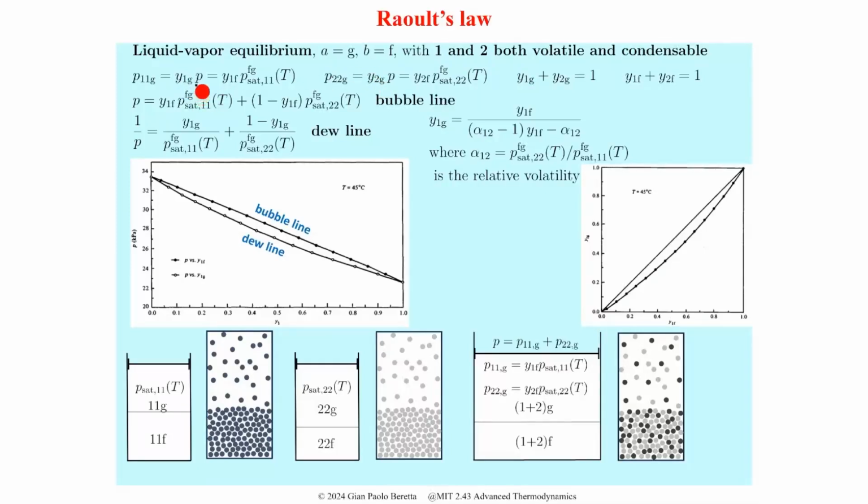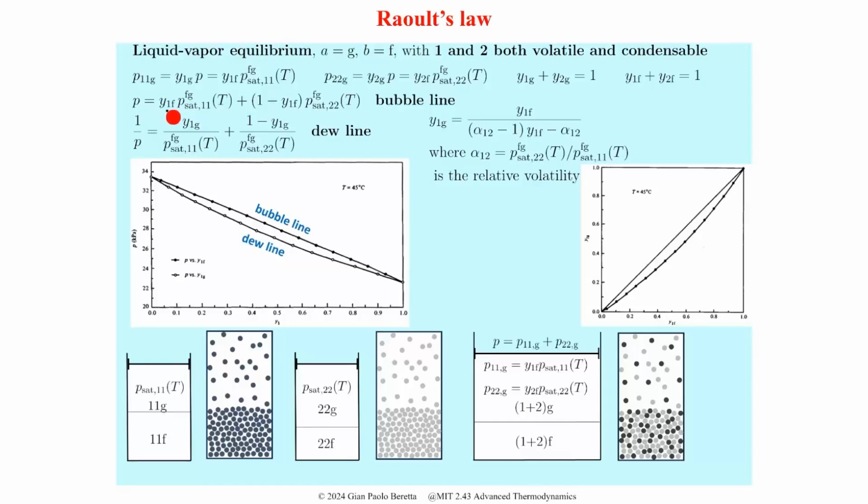So I'm remaining with P. So I obtain this expression that the pressure is equal to this plus that. And of course, instead of y2f, I write 1 minus y1f. This is called the bubble line. It expresses for a given pressure and temperature the composition of the liquid phase.